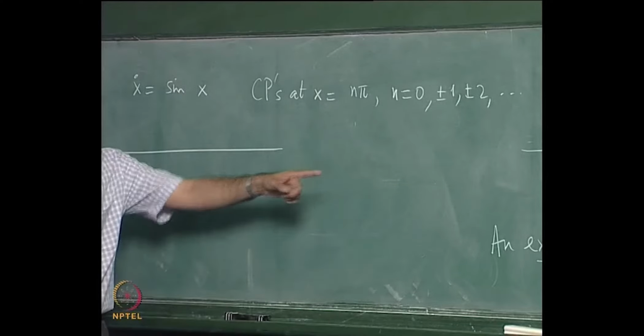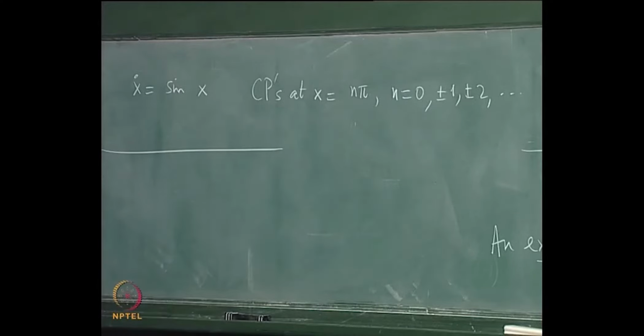By now our lesson with the earlier example tells us that because of the continuity that is involved in drawing these arrows showing the direction of the flow, it is quite clear that stable and unstable points must alternate. There is no way of having two stable points next to each other because then the system in between would not know where to go to.